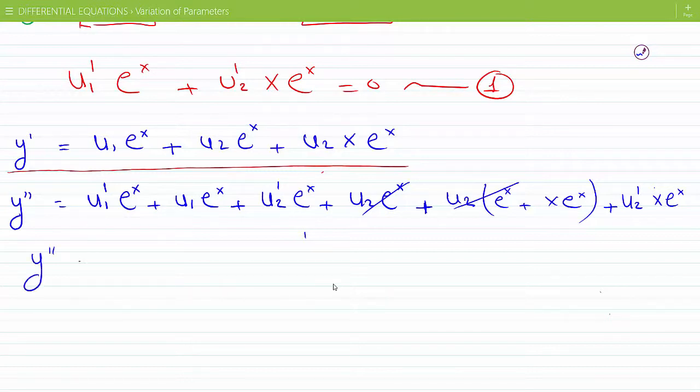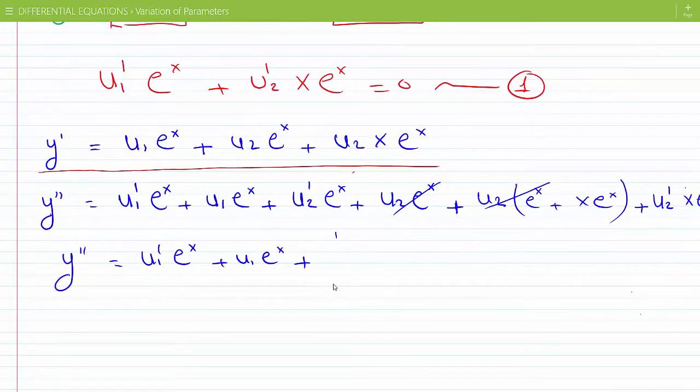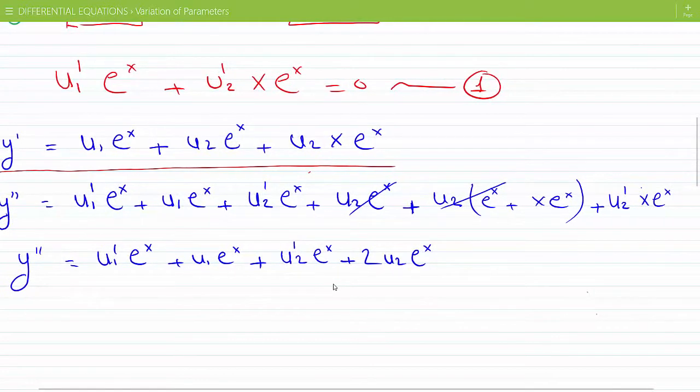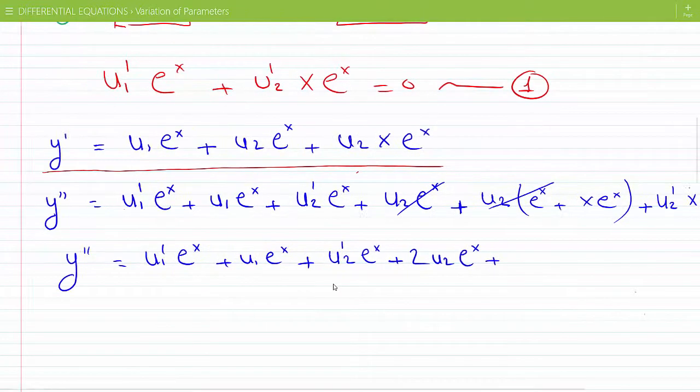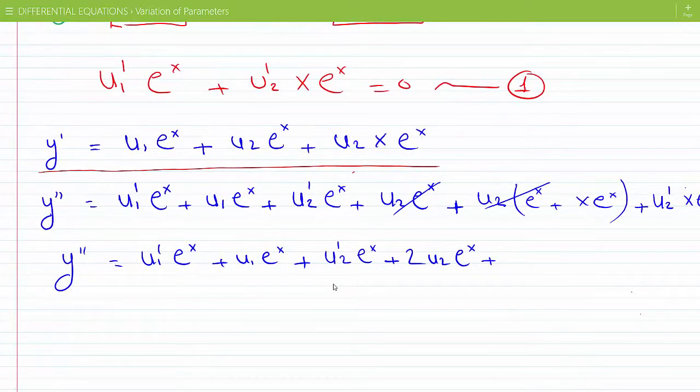So y double prime equals u1 prime e to the x, and we have u1 e to the x, and we have u2 prime e to the x, and 2u2 e to the x, because there's two of them, and then we have u2 x e to the x, right?